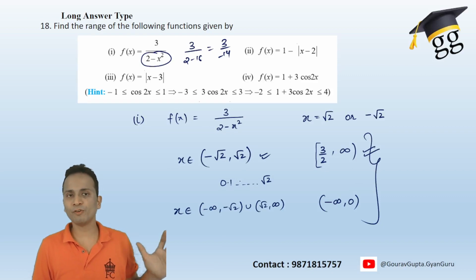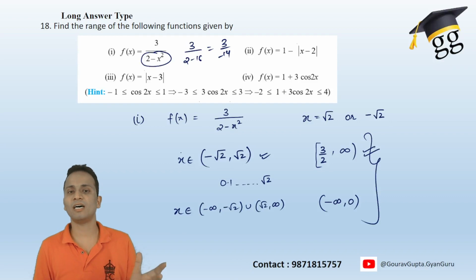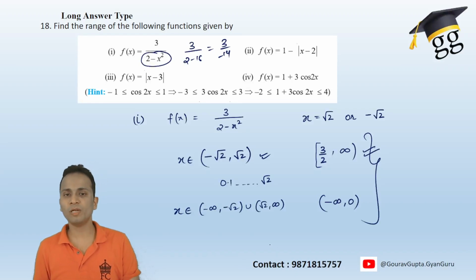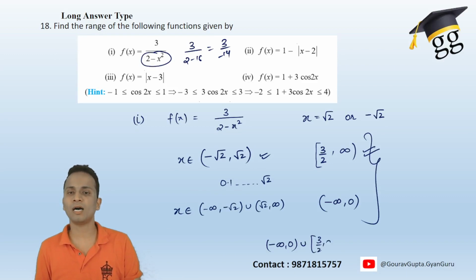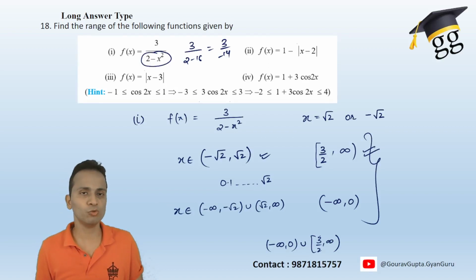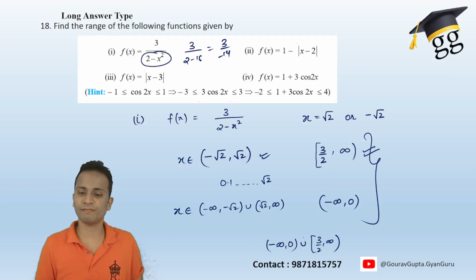So if you keep on increasing the value of x above root 2, the value will be negative and it can take any negative value. All right, so the range will be minus infinity to 0, union 3 by 2 up till infinity, where 3 by 2 is included. The value 3 by 2 can be obtained at x equal to 0. So this will be the entire range of the first question.